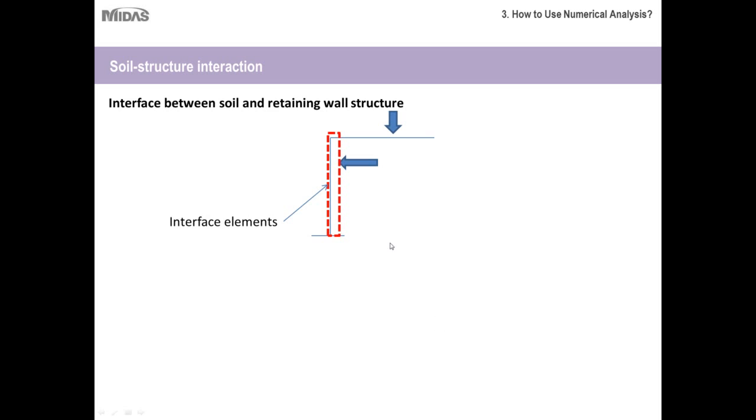So what we have to do is apply a separate layer of elements called interface elements right at the surface of the wall which is facing the soil.